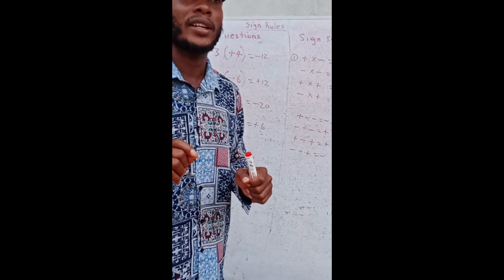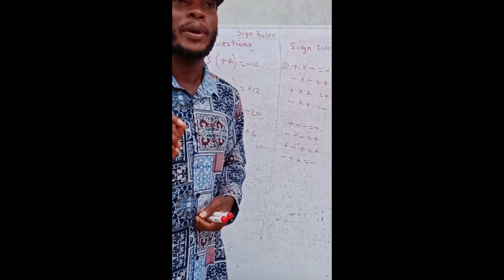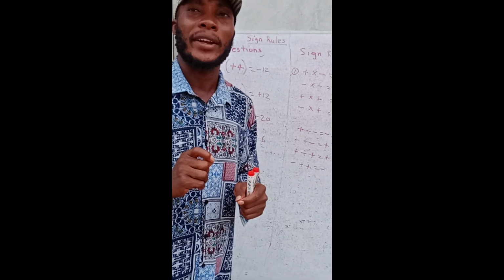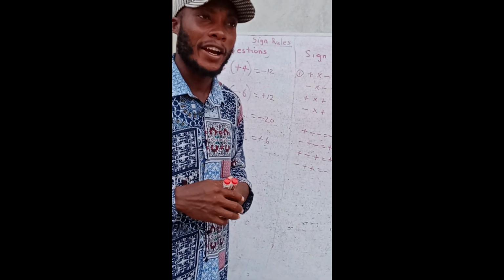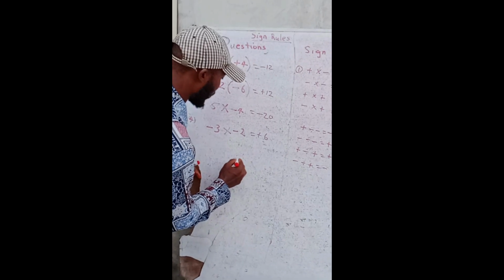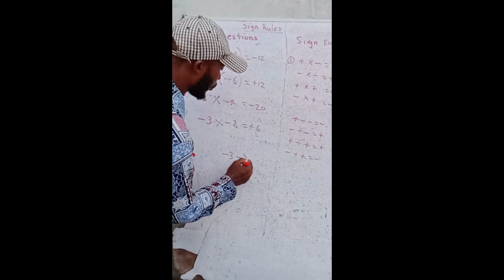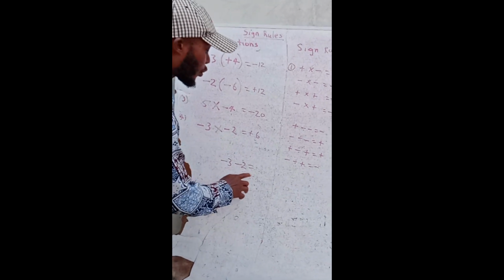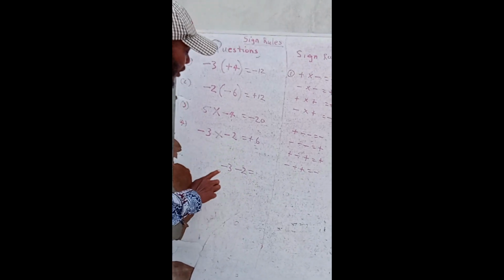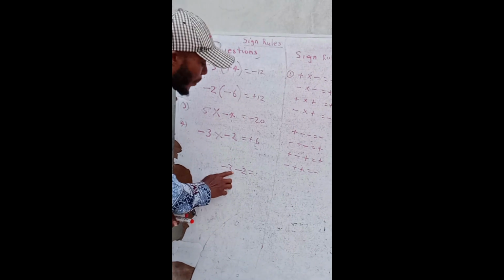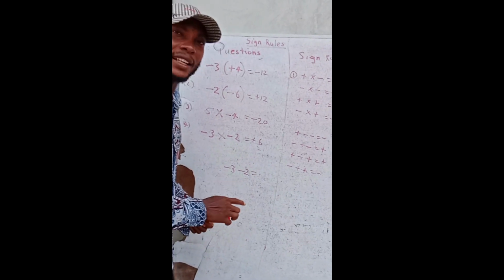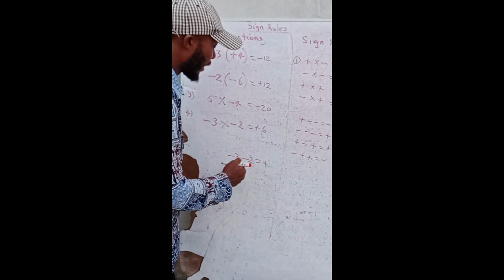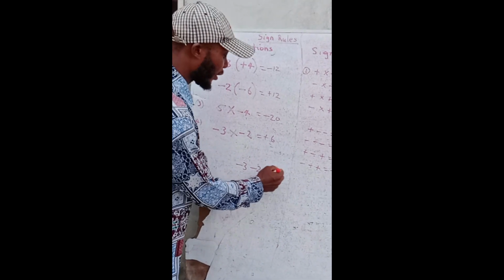But let me correct one impression. People used to say, if I have, for instance, minus 3 minus 2, because there are two minus signs, minus minus is plus, and then they add the two numbers together to be 5.